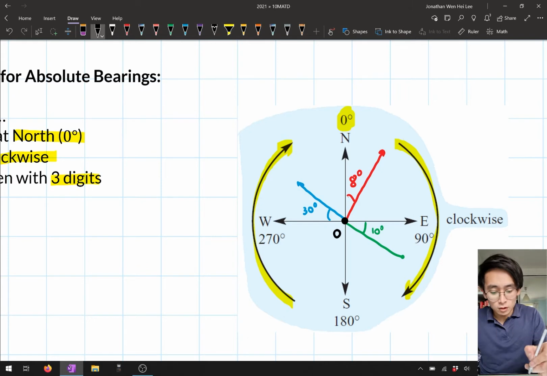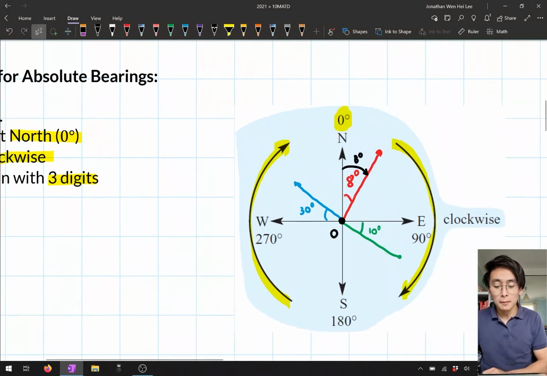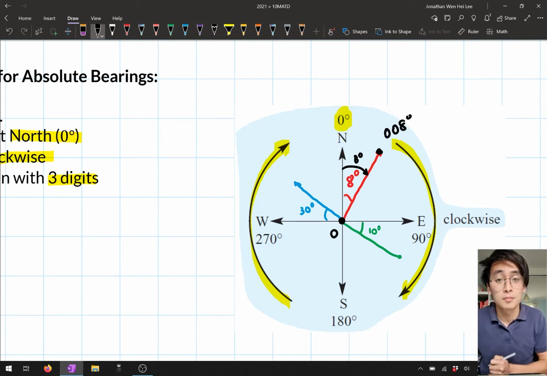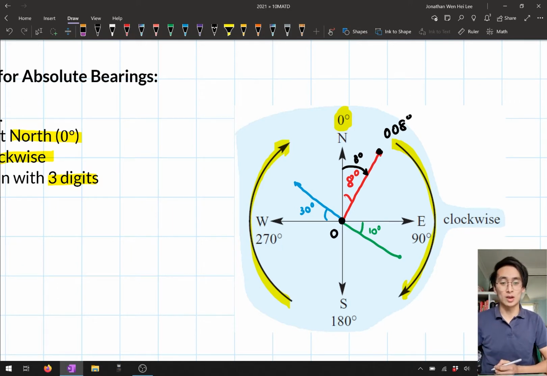It's 8 degrees, starting from 0 at north and going clockwise, which is fine. However, because we need to write this as a 3-digit number, the way we would write this direction is 008 degrees.